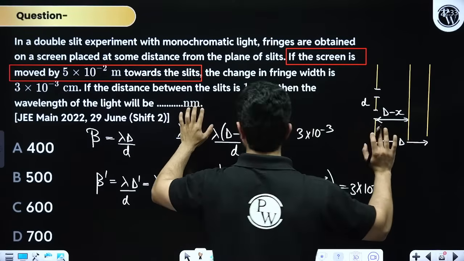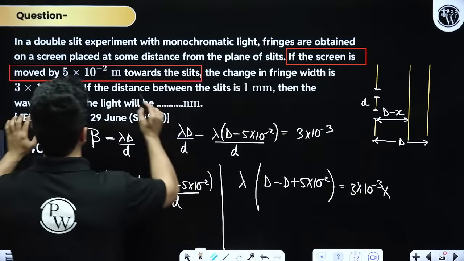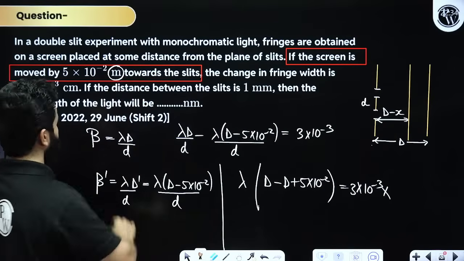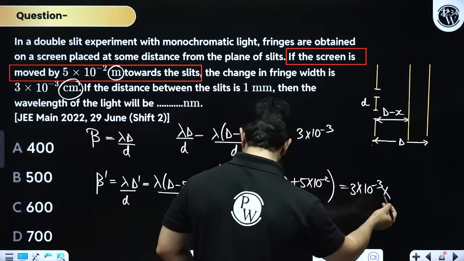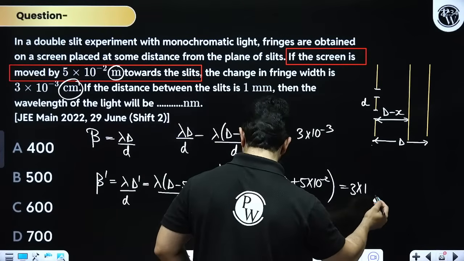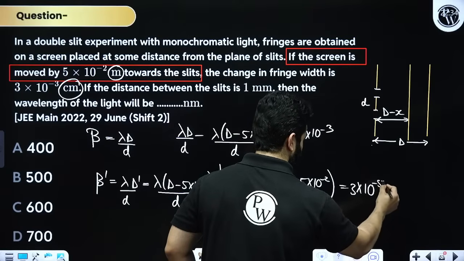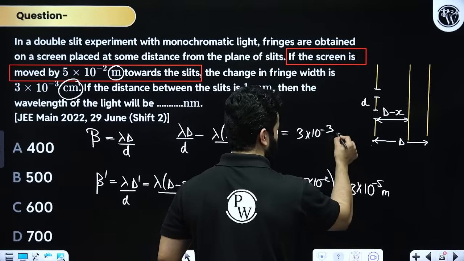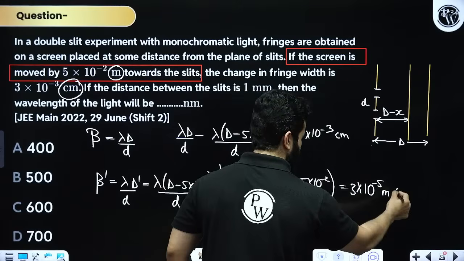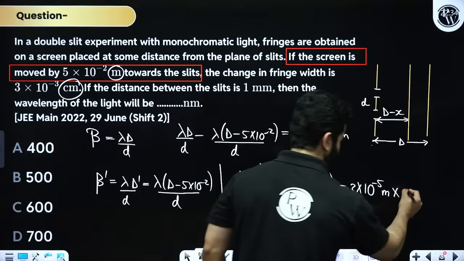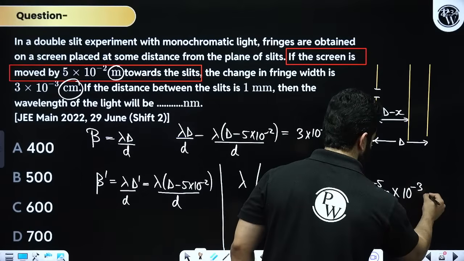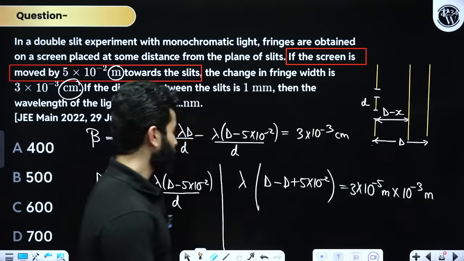So what we can actually do over here is this is in meter, right? This is in meter and this is in centimeter. So first let's write it in meter. So this will become 10 to the power minus 5. Right, now this is in meter, over here it was in centimeter, multiplied by small d, that is 1 millimeter, so 10 to the power minus 3 meter. Clear?